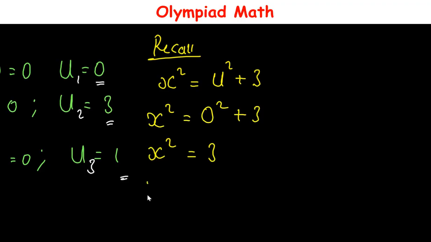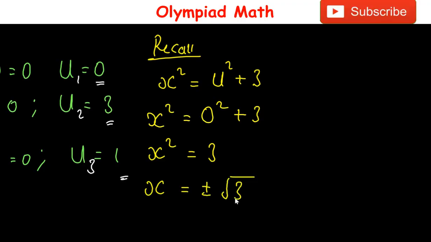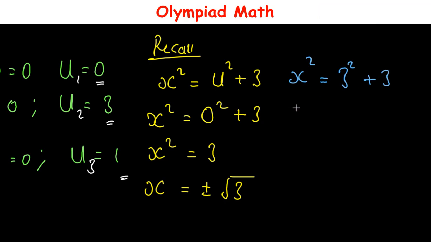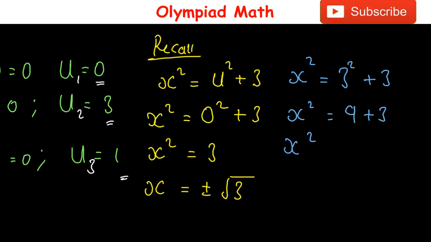And from this, if we square root both sides, x is equal to plus or minus the square root of 3. And for the value of u2 as 3, this equation becomes x squared is equal to 3 squared plus 3. So x squared is equal to 9 plus 3, which is 12.